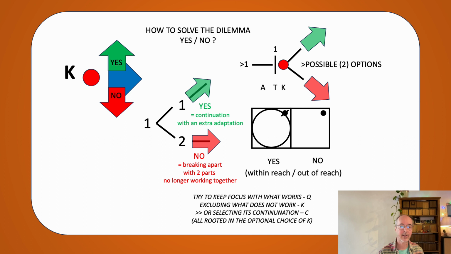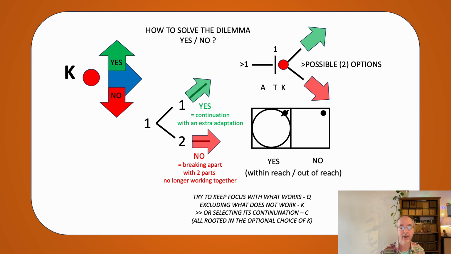The K is also used as a sound in different letters. So we will have the Q as well. So we will have a focus that works in the element and makes a balance. And we simply exclude what does not work in its preferable way with the K, or we will select what can have a continuation.